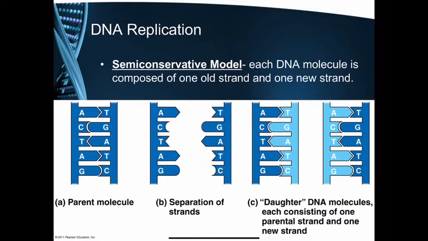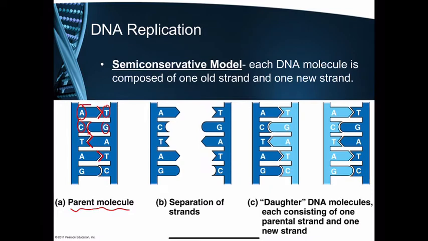So DNA replication is called a semi-conservative replication model. And it took a while for scientists to understand that. But basically what that means is that each new DNA molecule consists of half of the old strand and half of the new strand. So here in picture A, we have our parent molecule, okay? These are our nitrogen bases, A's, T's, G's, and C's, held together by hydrogen bonds. That's what these cutouts here represent.